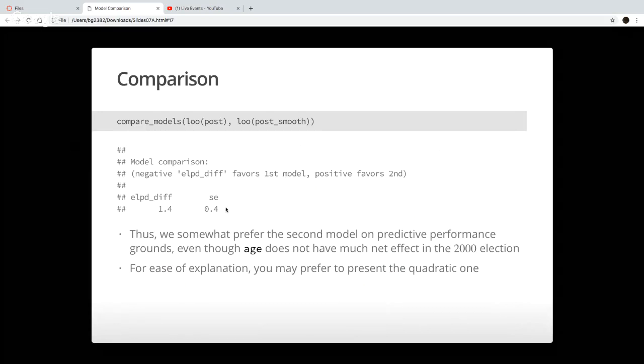So there's some reason to prefer this second model in terms of its expected ability to predict voting in subsequent elections, like the George Bush, John Kerry election in 2004. So maybe the model with the smooth age term is better than the model with the quadratic age term, at least according to this criterion.